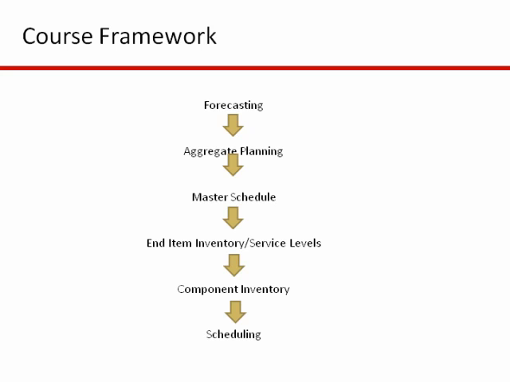Chapter 15 and Module T both are associated with scheduling. If we look at the course framework, we started with forecasting, and that fed into aggregate planning, followed by the master schedule, which is a schedule by end item. Then we made some determinations about how much to order and when to reorder, and how much safety stock to carry, which impacted our service levels.